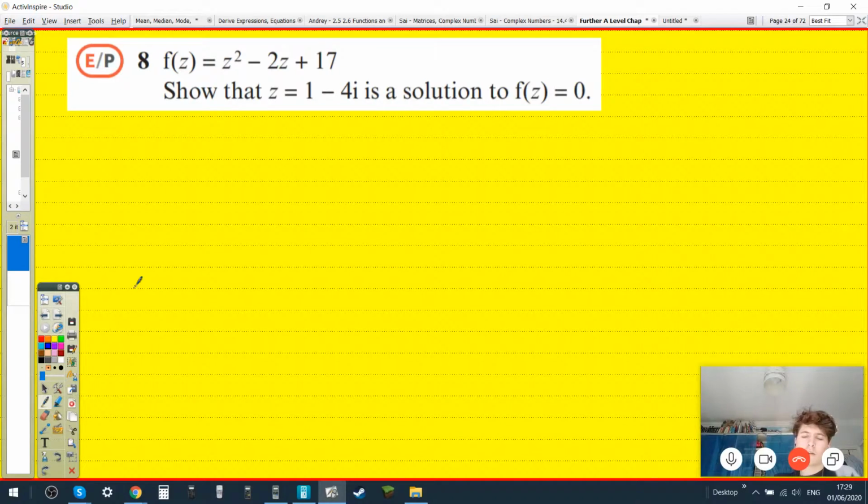Is this sort of like back in polynomials where you would substitute in the value of z, or whatever, and find it is equal to 0? Yeah.